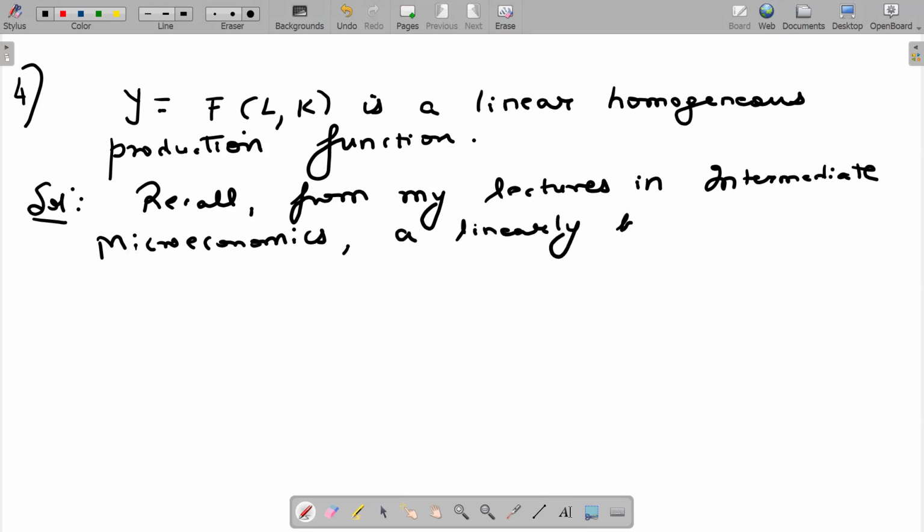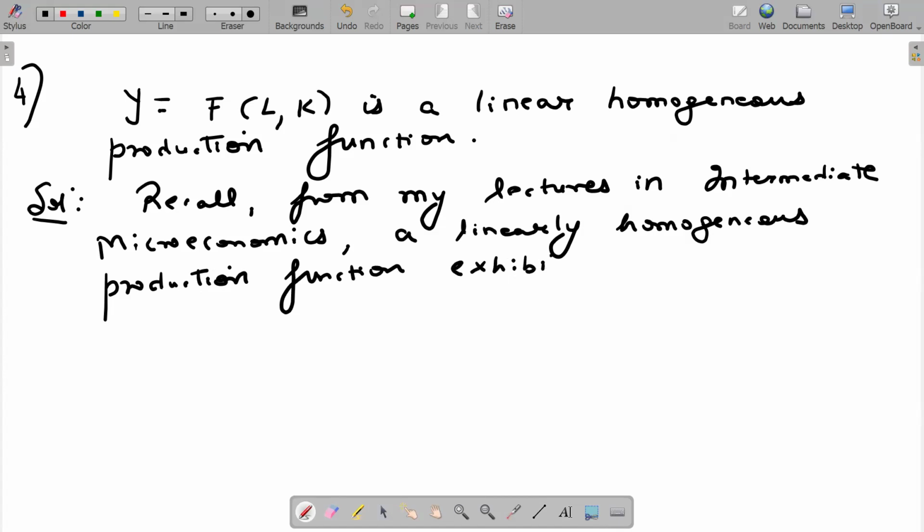in intermediate microeconomics that a linearly homogeneous production function exhibits constant returns to scale.